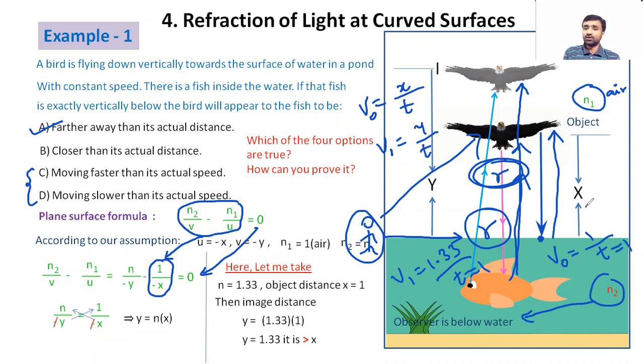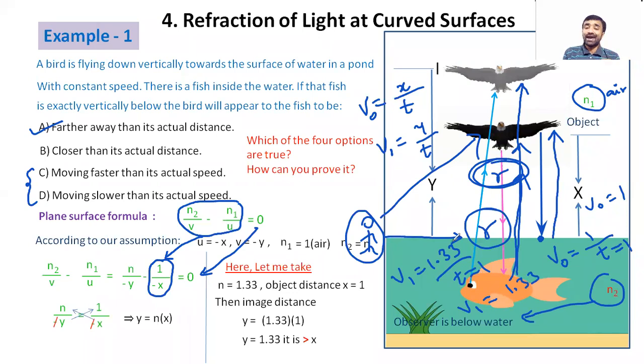Then V naught equals 1 and V1 equals 1.33. Is it clear? Whose velocity is greater? The image. So the image moves faster than the object.